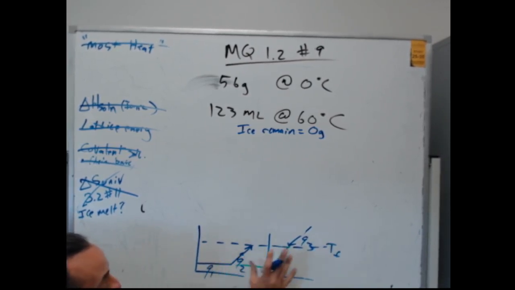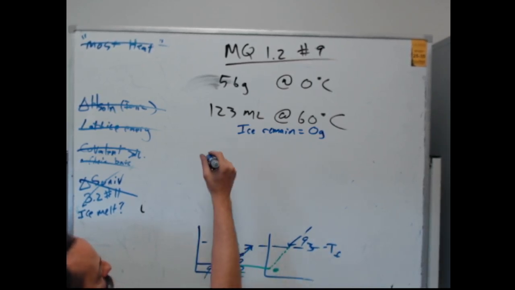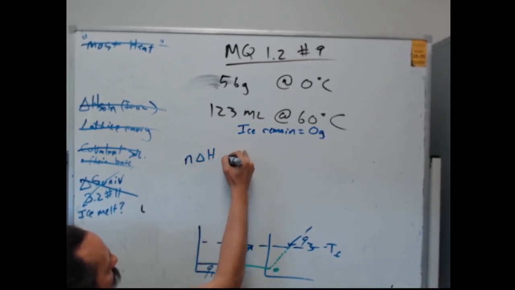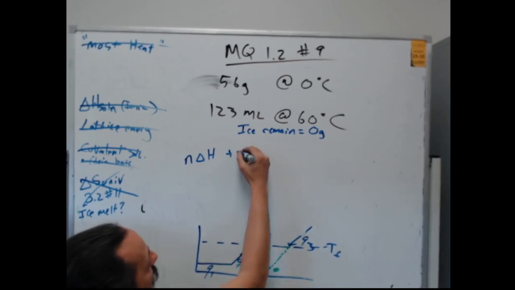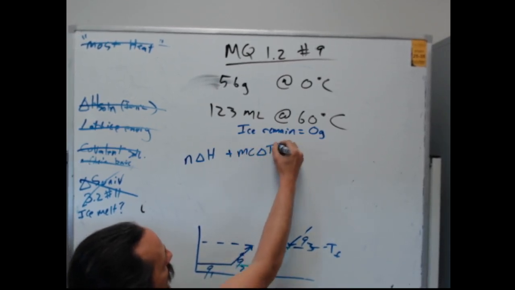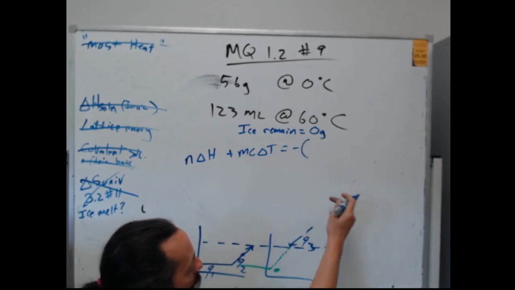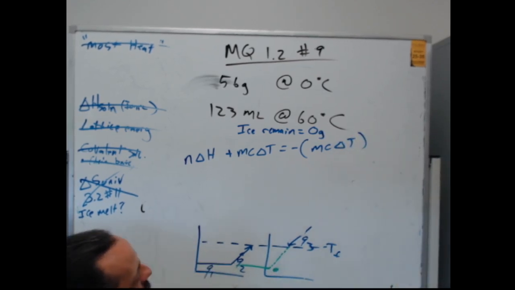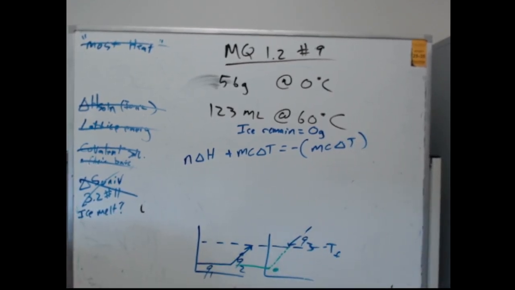I'm going to have energy leaving my hot water, going into my ice and warming it up. So for the melting process, I'm going to have an N delta H. For that warming up, I'm going to have an MC delta T. And then for that cooling off, I'm going to have an MC delta T. I have to be careful. I know it looks a little silly right now because I've got an MC delta T and MC delta T. I should just subtract it, but those are different.